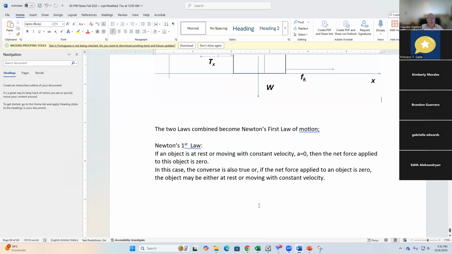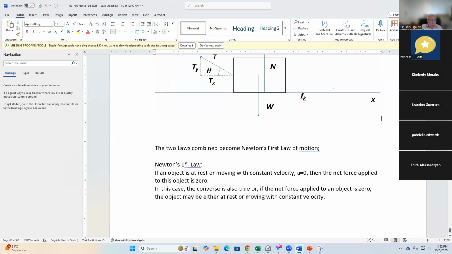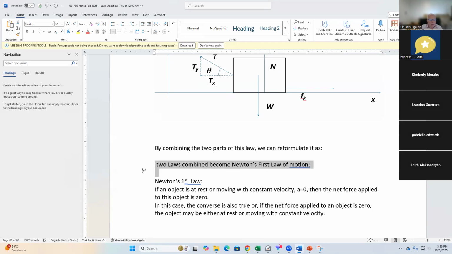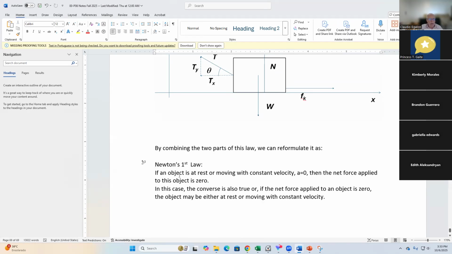And now we combine those two parts. By combining the two parts of this law, we can reformulate it as Newton's first law of motion. If an object is at rest or moving with constant velocity, then the net force applied to this object is zero.